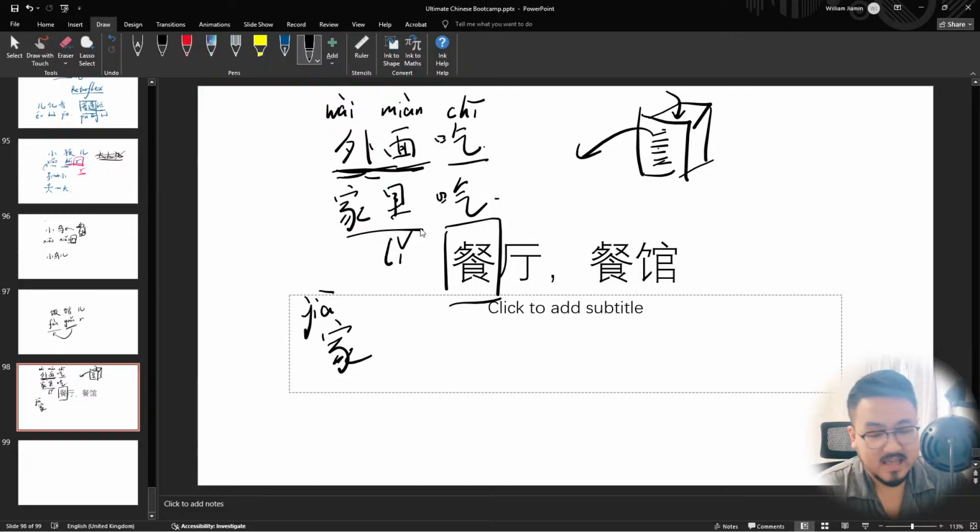So yeah, and of course, I think this is widely used: 餐厅，这是今天晚上吃饭的餐厅, right?